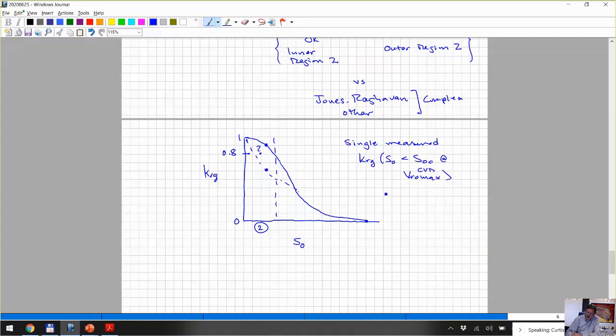You do that using a gas only flow test with the oil condensing from the gas.